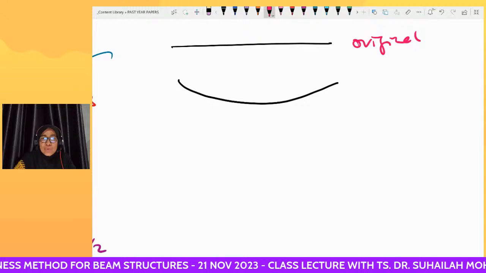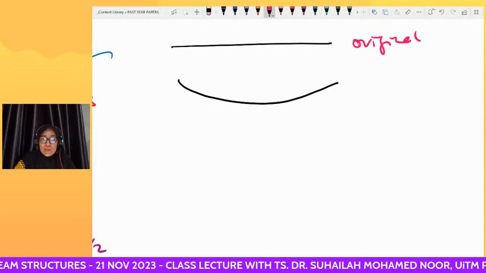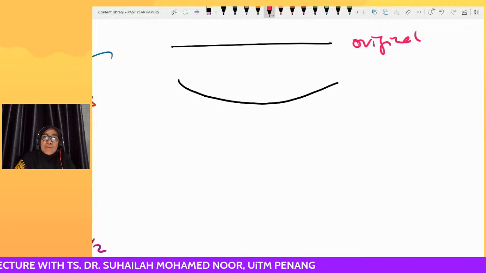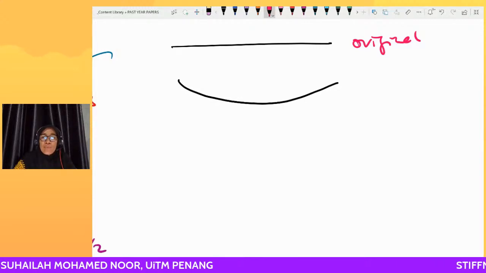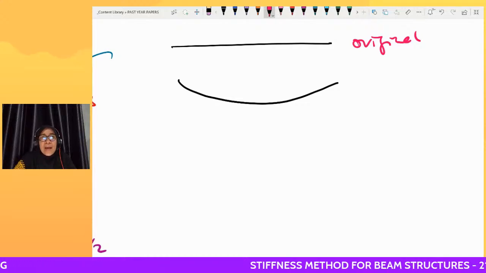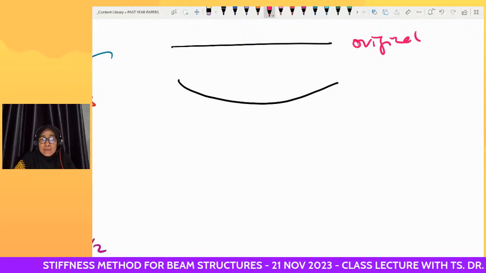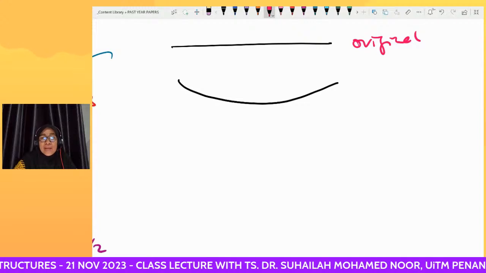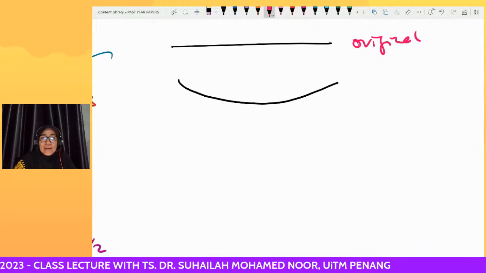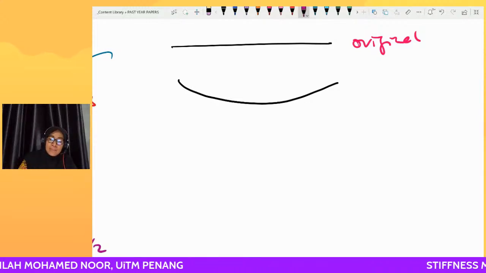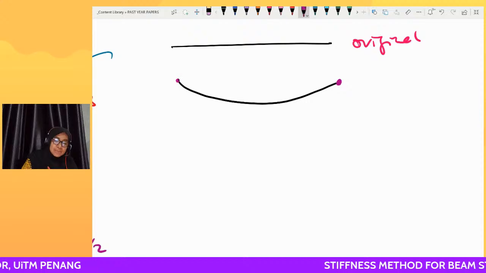Due to loading, either it is UDL, or triangular load, or point load, we will find that the beam will deflect. The reaction moment at support A and B will push this point and this point.